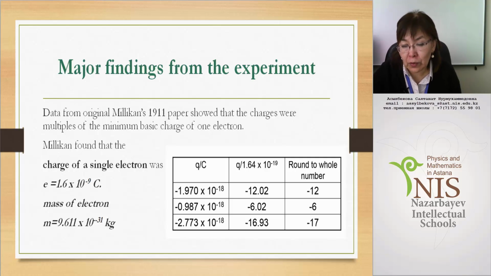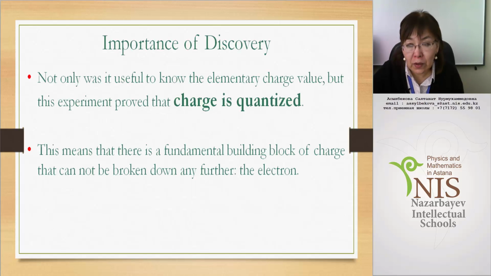He used only data which, from his point of view, had good satisfaction and could be integral to some numbers. For example, he rounded to the whole numbers 12, 6, 17, and he found that all charges are integral multiples of the elementary charge.